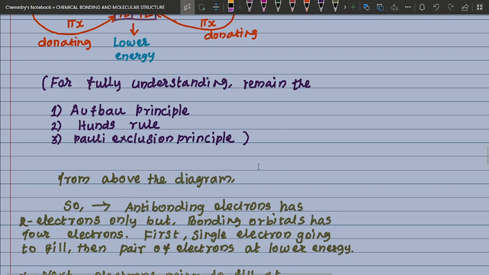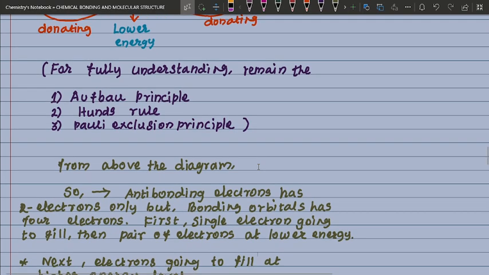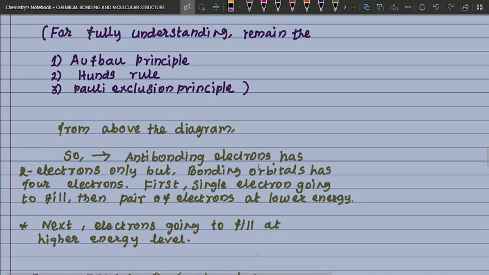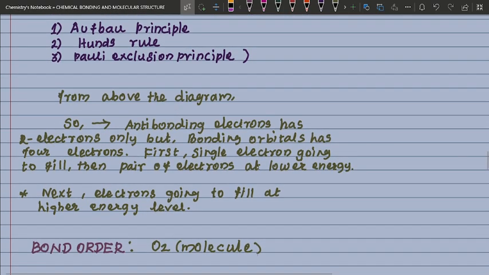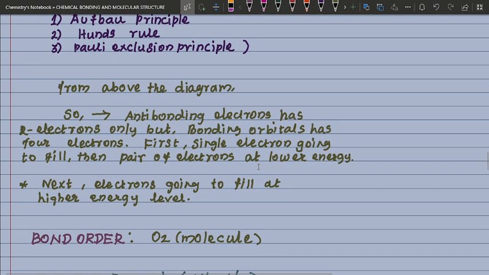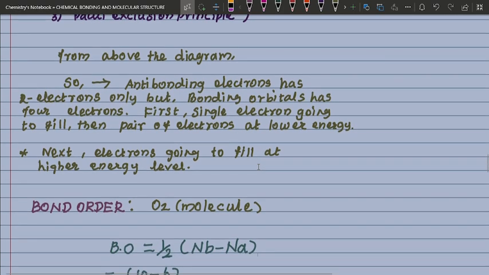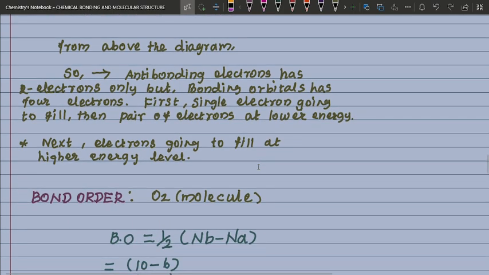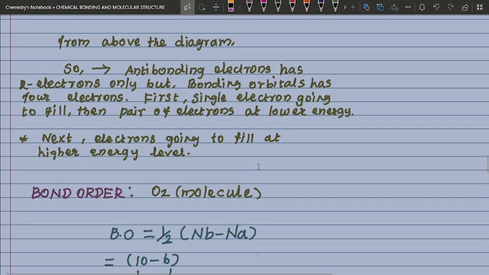Next, from the above diagram, anti-bonding electrons are 2 electrons only, but bonding electrons are 4 electrons. First single electrons are going to fill, then pairs of electrons fill at the lower energy. See next, the next electrons are going to fill at a higher energy level.